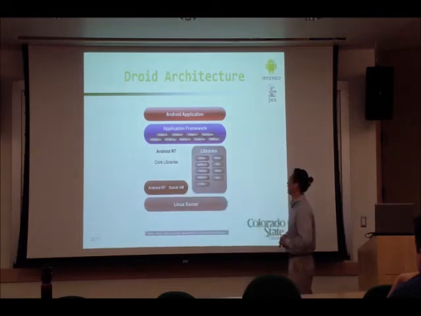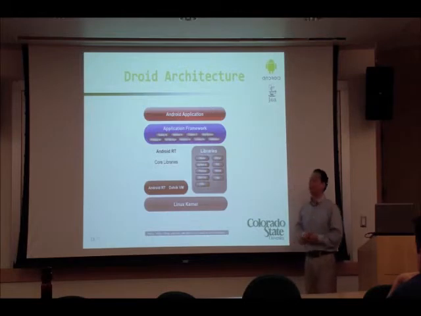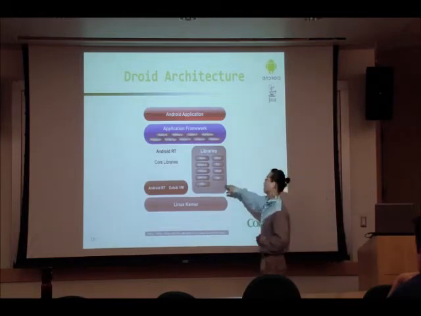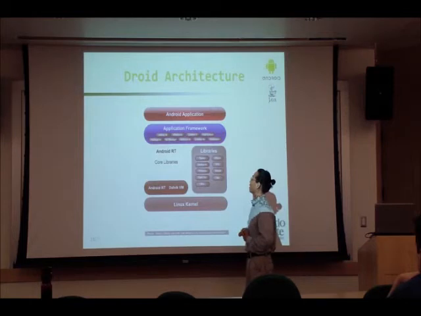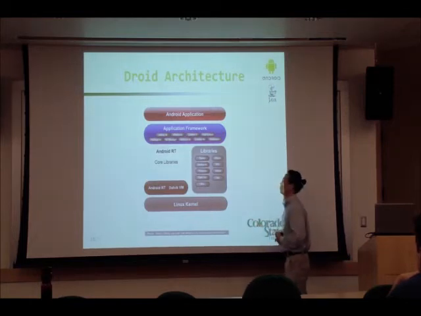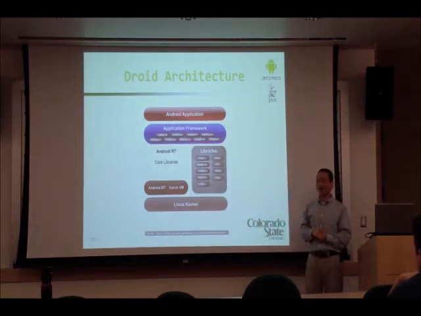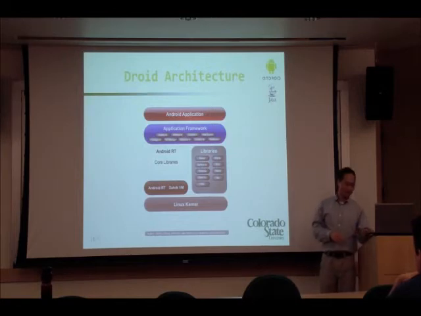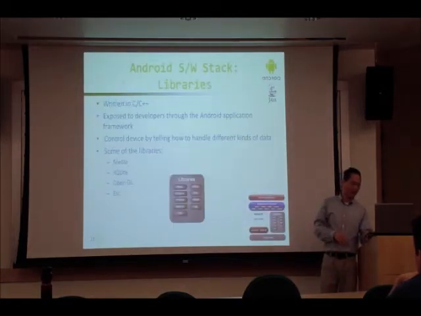On the right side, we have more diverse libraries. On top of that, we have the application framework, which is the API for developers, who access it through this API layer. And on top of that, we have the Android application layer for normal users. I'll skip the detail.